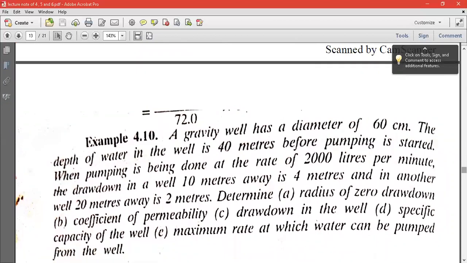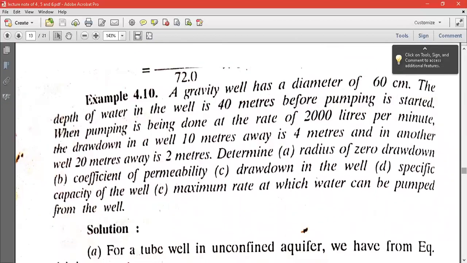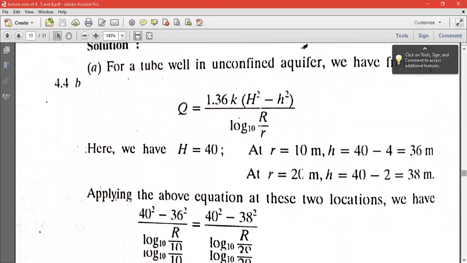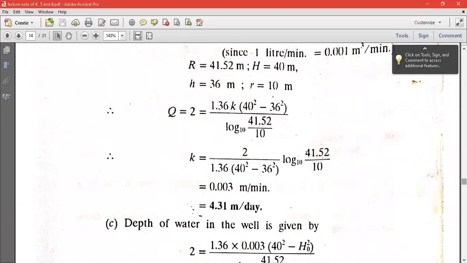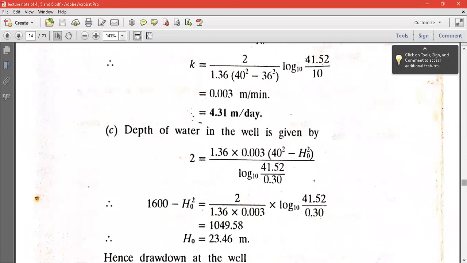Next, part C: what is the drawdown in the well? That means in the well, not in the test well, in the main well. How do you find out the drawdown in the well?